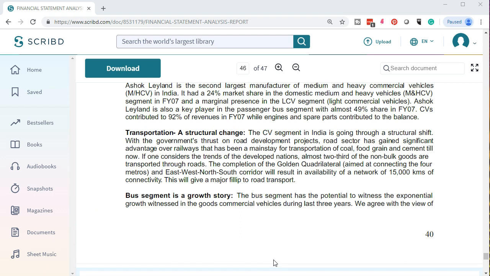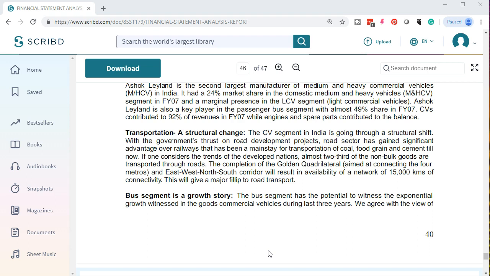Transportation: a structural change. The CV segment in India is going through a structural shift with the government's thrust on road development projects. The road sector has gained significant advantage over railways, which have been the mainstay for transportation of coal, foodgrain, and cement till now.